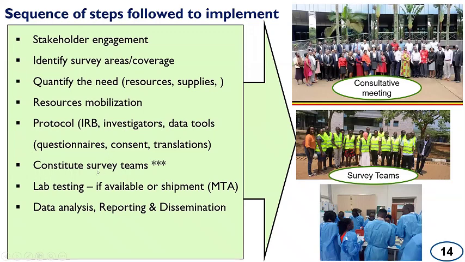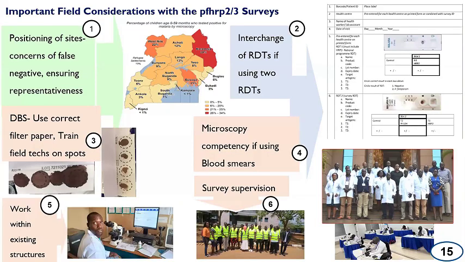You have to constitute competent teams who are going to collect these samples, but also ensure preparedness in terms of lab capacity to test these, especially the genomic assays. And if there's no lab capacity, then you have got to have material transfer agreements to ship to alternative labs. So these are important considerations while running those field surveys. And this is important for those planning to run the surveys.